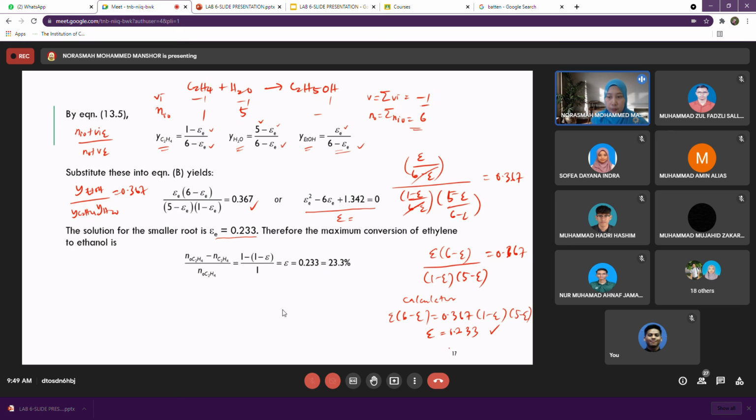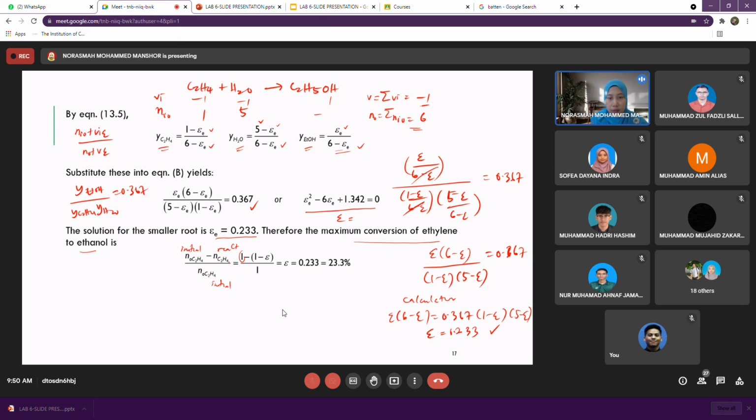Okay, after you dapat yang ni, so soalan ni dia tanya maximum conversion of ethylene to ethanol. So maksudnya initial mole ethylene ni initial minus yang react bagi initial. Okay, initial mole tadi dia ada 1 ni.